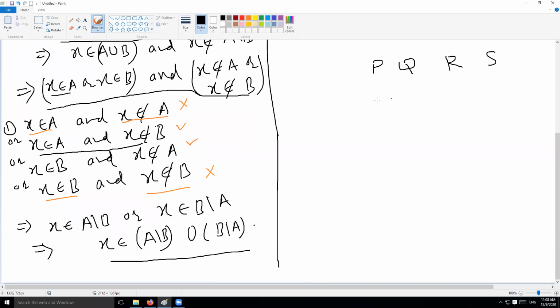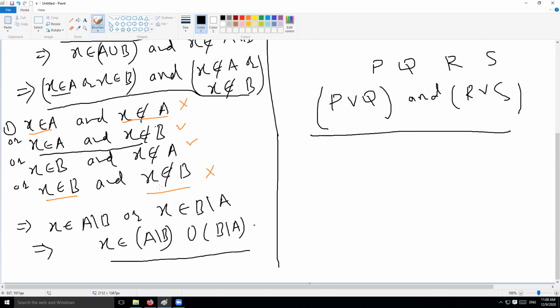And you have a statement (P or Q) and (R or S). I'm now asking you, if you have a statement of this form, under what condition could this entire statement be true?